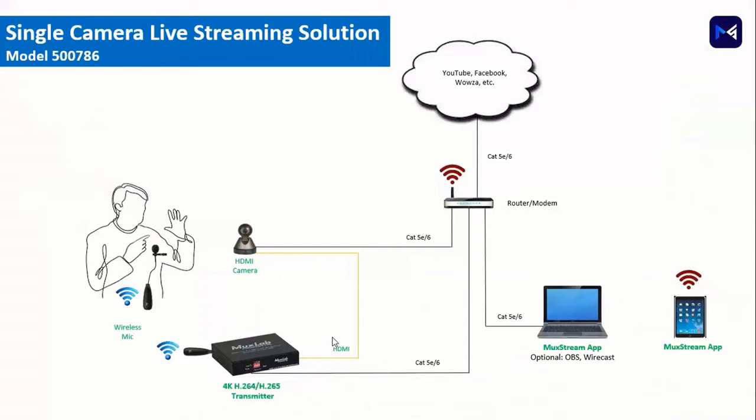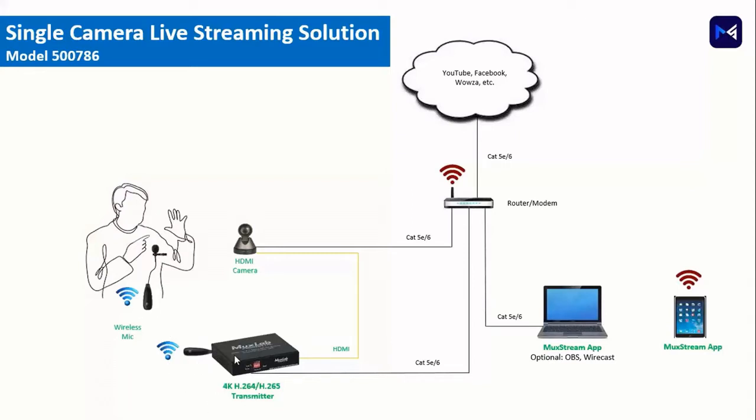The first kit that we've just released is the single camera streaming solution. This kit comes with a PTZ pan-tilt zoom camera, remotely manageable from our app. And it will send its content to our streaming transmitting device. This device is responsible for capturing the video as well as the audio from a wireless microphone that you attach to your person, and that allows you to be mobile.